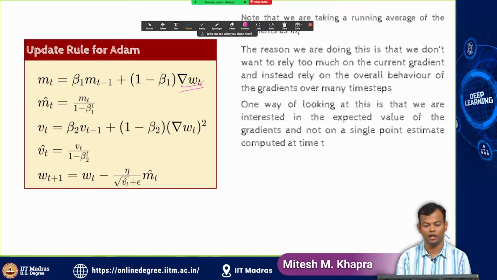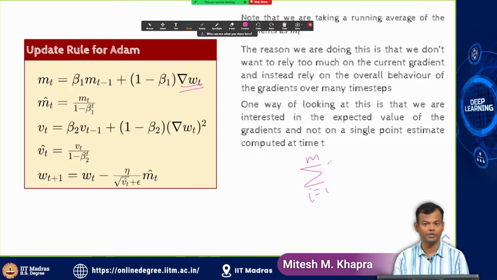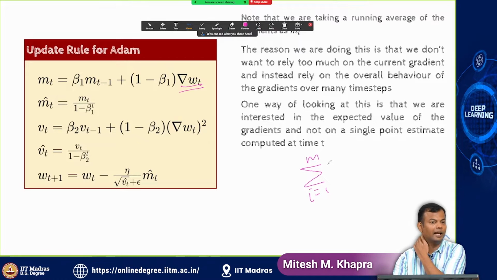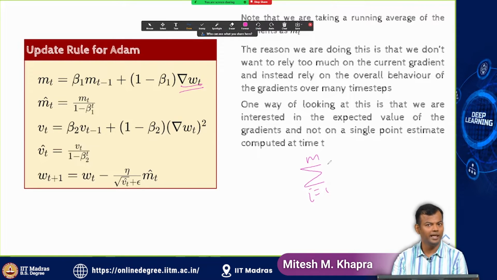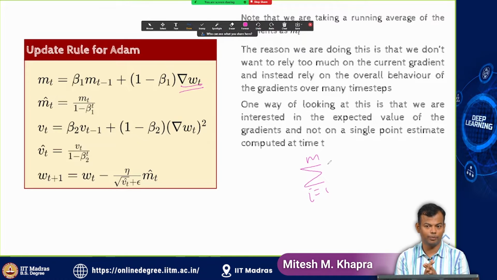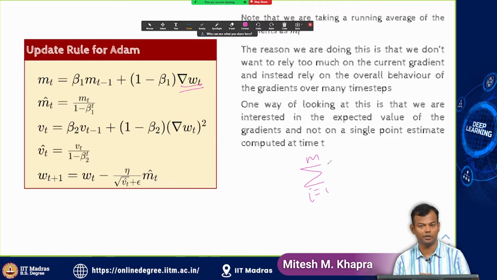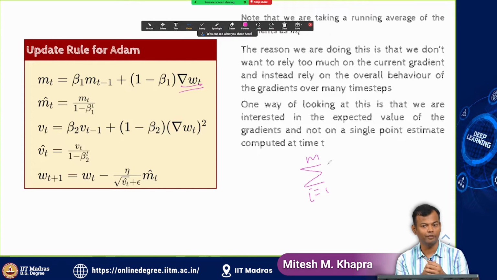So instead of just looking at the current gradient, I would have ideally wanted to look at the expected value, right? Remember that our true gradient is actually a sum over all the data points that we have. But here we are going to do mini batch or some such version, and say we are doing stochastic in the worst case, where we are just looking at one data point. Then I don't want to make decisions based on this one data point, but I would like to be closer to the mean of the gradients or the expected value of the gradients, right? And this exponentially weighted average is also trying to capture some kind of an average.